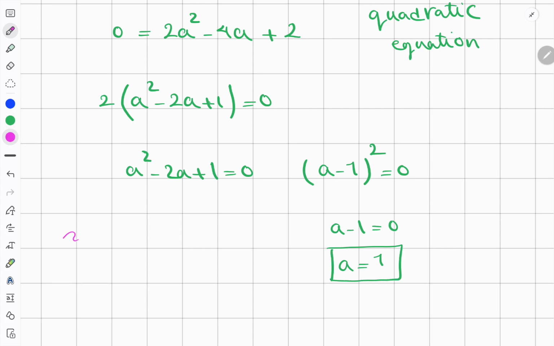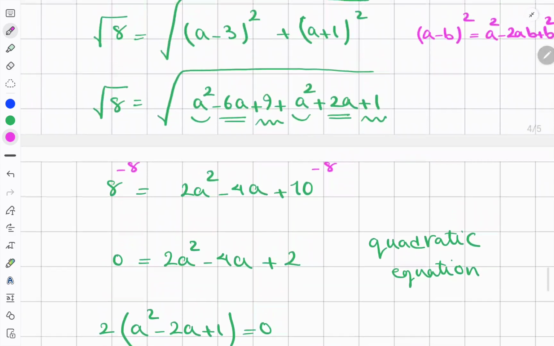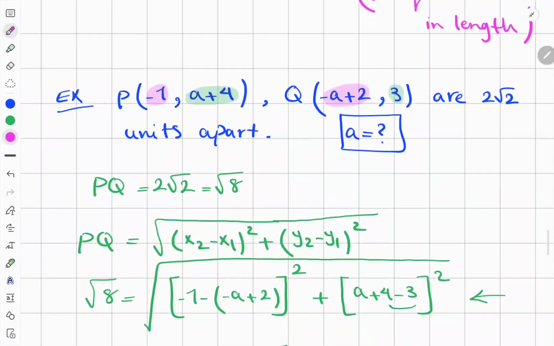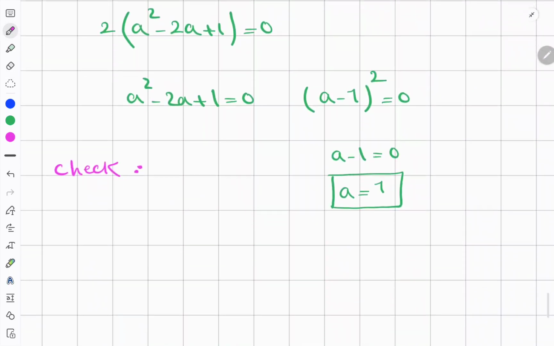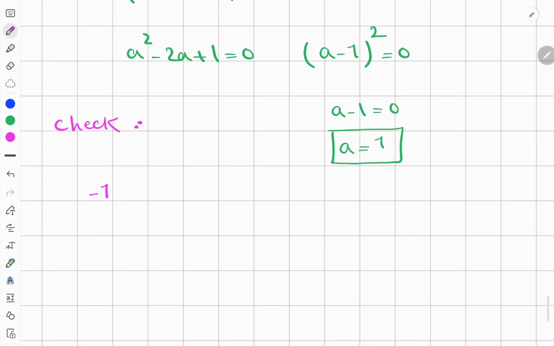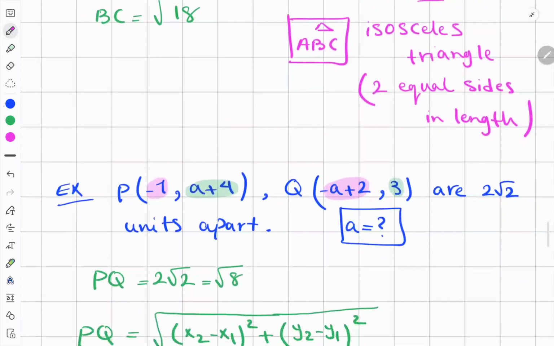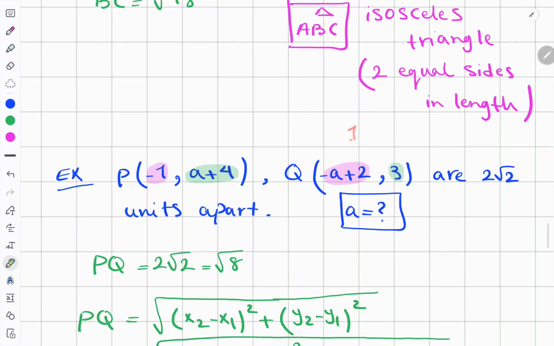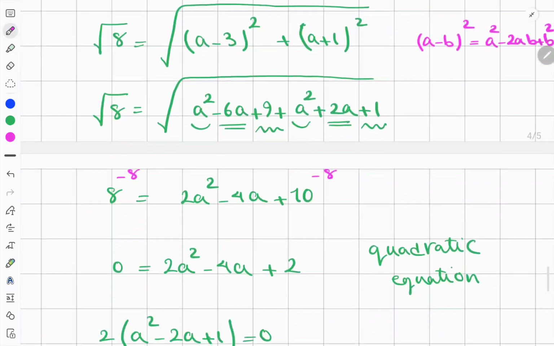So we can check if it works. A is 1, substitute 1 here. So we have negative 1 and 5. And substitute 1 here. Negative 1 plus 2 is 1 and 3.